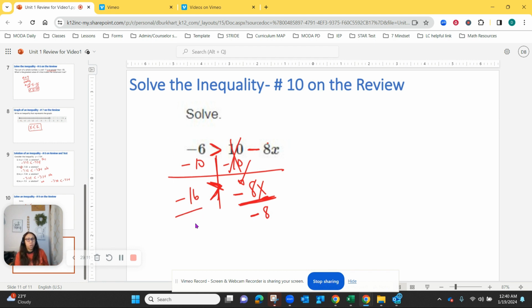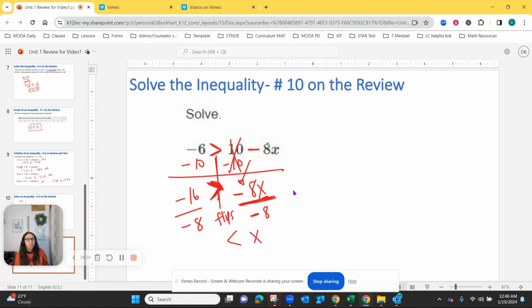So what you do on one side, do it on the other side. Now here is the catch. Every time you divide or multiply by a negative number, this symbol flips. So instead of going that direction, it flips to the other side.